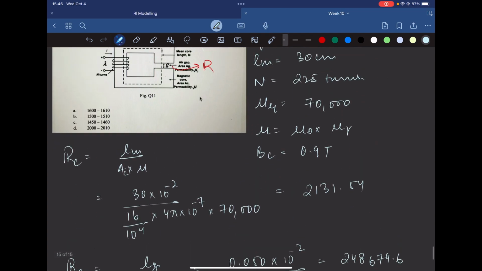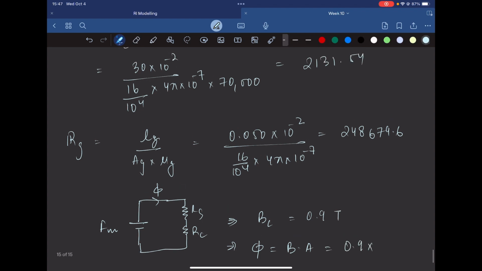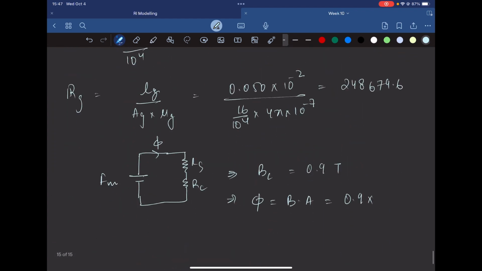We're given Bc, the flux density of the core, which is 0.9 Tesla. We know phi is B times A, so 0.9 Tesla into A, which is 16 upon 10 raised to the power 4. This comes out to be 1.44 into 10 raised to the power minus 3.